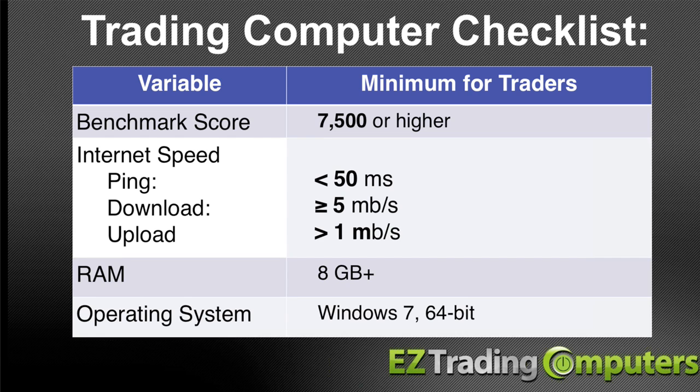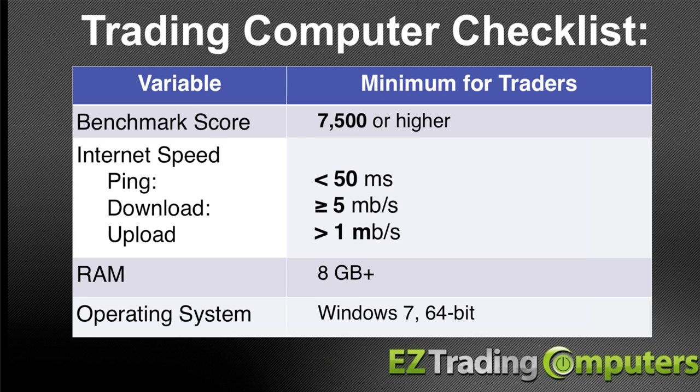And your trading application can be very resource intensive depending on what kind of indicators you're running and how many symbols you're watching. So you really need a minimum of 8 gigabytes to run everything you want to run.